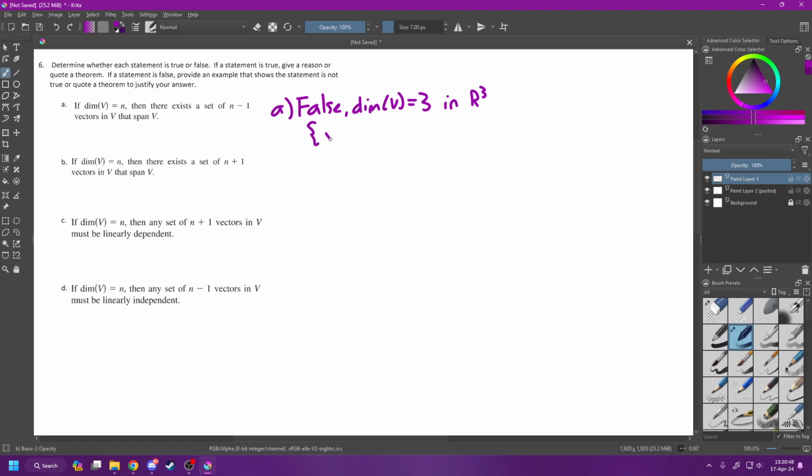They'd only be able to have the x and y vectors, and there would be no z vector to get the third dimension. So the statement is false.